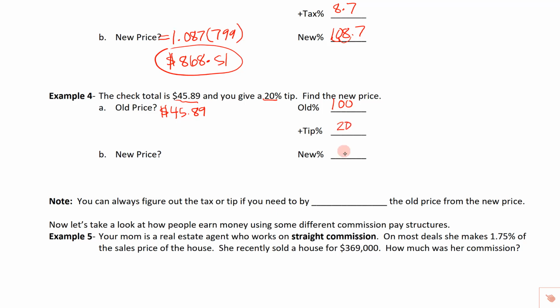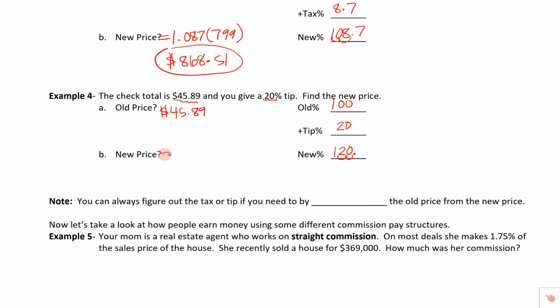For our new percent, we take our old percent, which is 100, plus our tip, which is 20. So our new percent is 120%. This will help us to find our new price. Remember, we like our percentages in decimal form, so we're going to move our decimal 2 to the left.